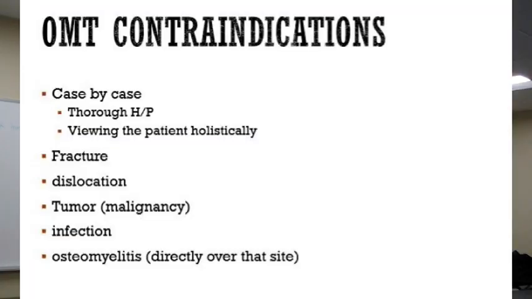Contraindications. This is very much a case-by-case discussion. A thorough H&P, you can't replace that. That's essentially going to help you understand who has a contraindication and who doesn't. And you have to view the patient holistically, right?